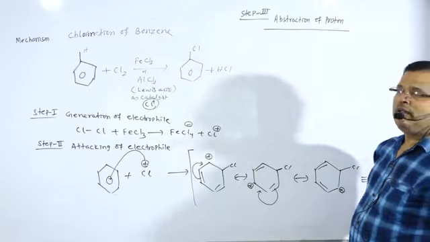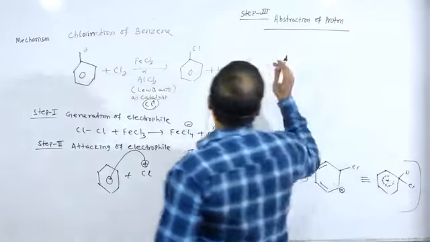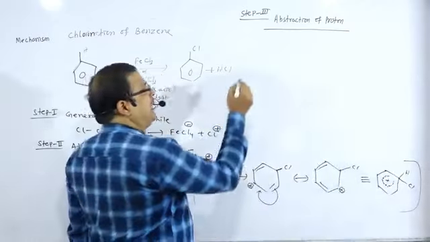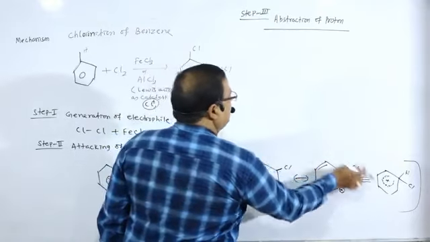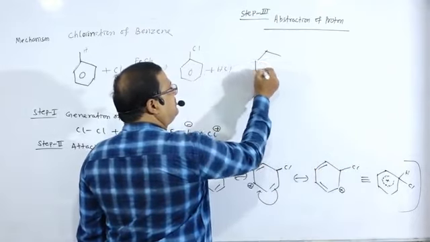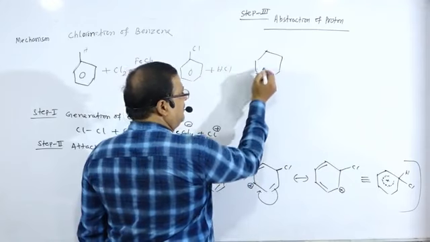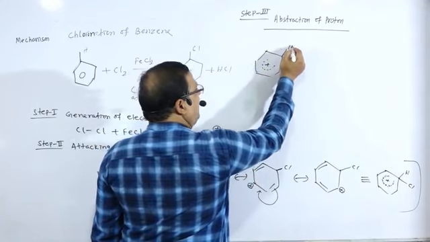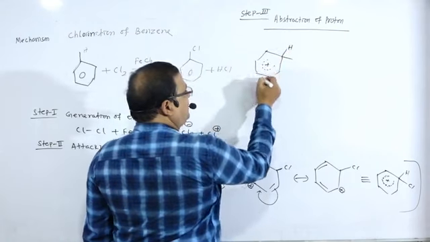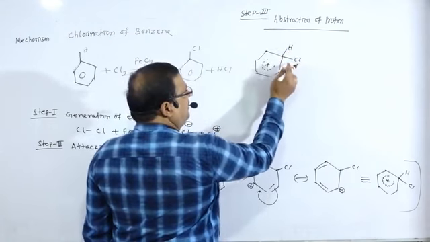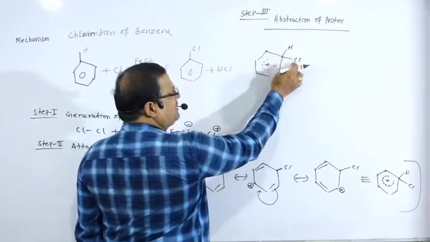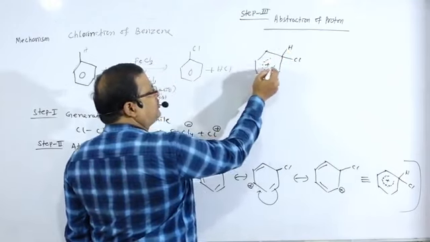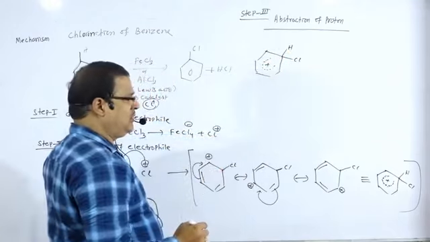How is this proton abstracted from this species? It is a positively charged species, and a hydrogen atom is there. In every position there is the presence of hydrogen, but in this case the hydrogen atom will get replaced by chlorine. So this is the species that is produced.